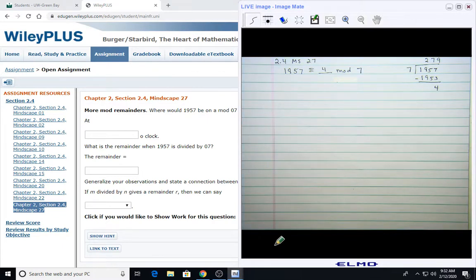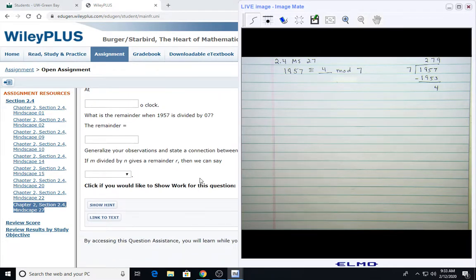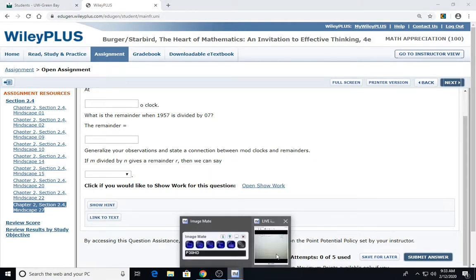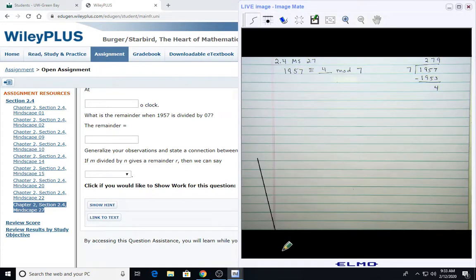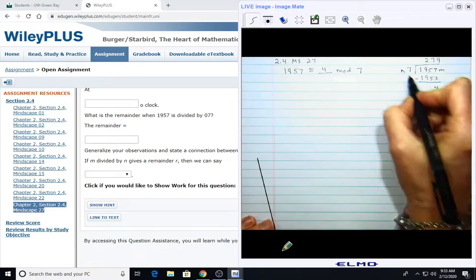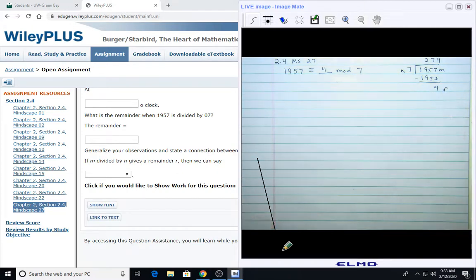So they're saying do some mod 7 arithmetic. Now this bottom question wants to talk about m divided by n gives a remainder of r. So that's what we did. This was the m. It was divided by n, and it gives the remainder of r.